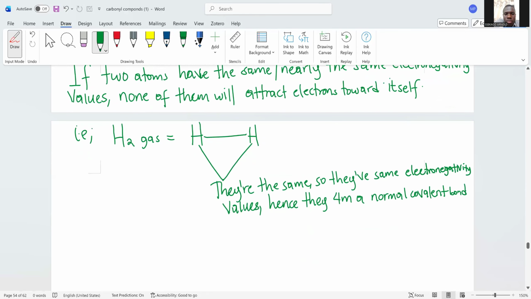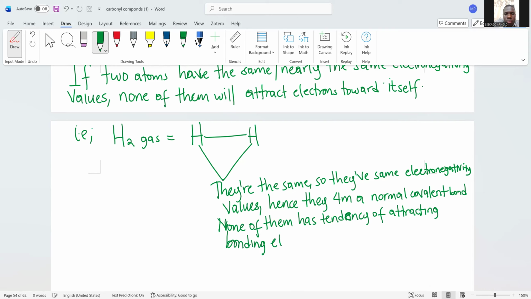So none of them has the tendency of attracting bonding electrons towards itself.